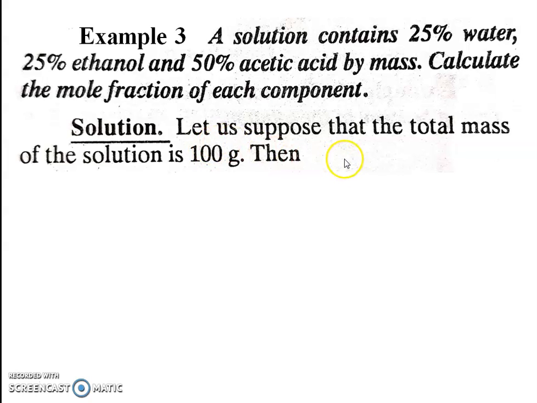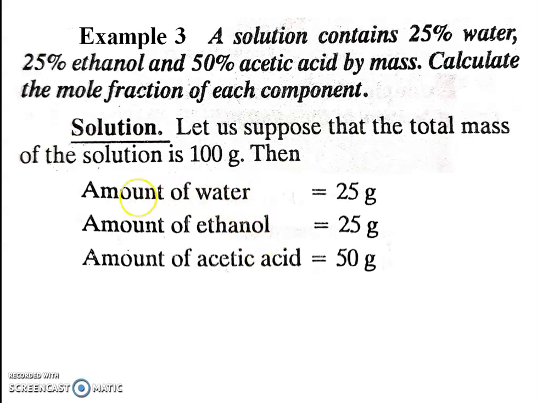First of all, consider the total mass of solution to be 100 gram. If it is 100 gram, then 25% water means the contribution of water in 100 gram is 25 gram. So the amount of water is 25 gram, the amount of ethanol will also be 25 gram, and the amount of acetic acid will be 50 gram.